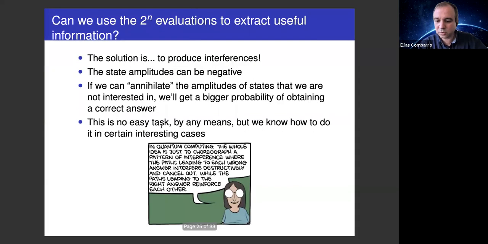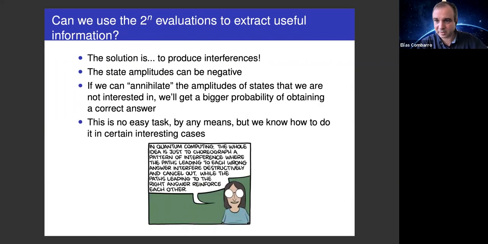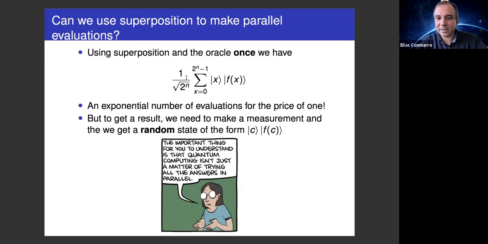What we need to add to obtain a quantum algorithm that is useful is not only this superposition and this entanglement that we have here, but also the third element that I was mentioning at the beginning, also this interference. So what we can do, or what we can try to do, because it's not so easy, is to manipulate the amplitudes, these coefficients that we have here in these combinations of all the different evaluations of the function.